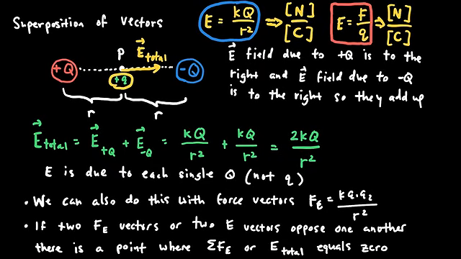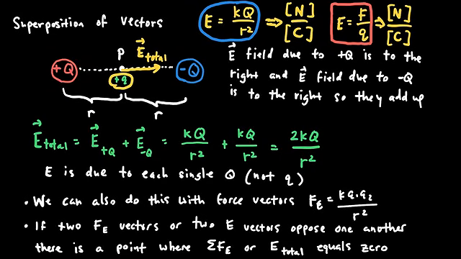If I got on a spaceship and flew away, the gravitational acceleration around Earth would stay the same. And so the strength of the electric field should not depend on the product of two charges. It should just depend on the charge of the thing that's making the electric field.